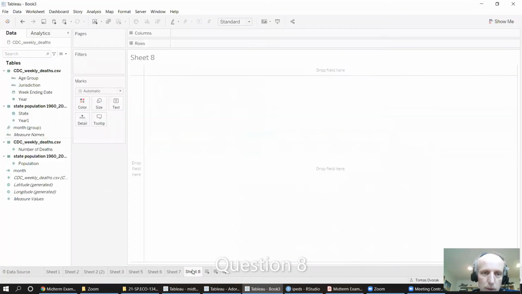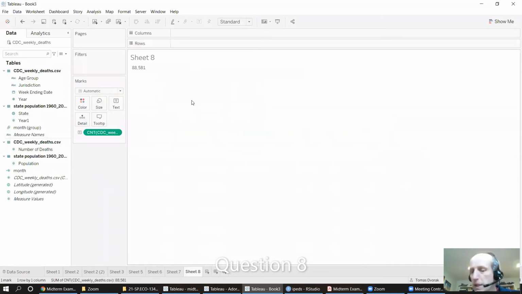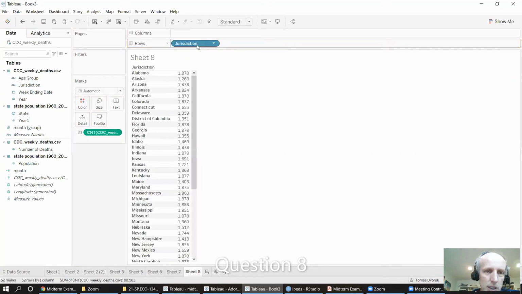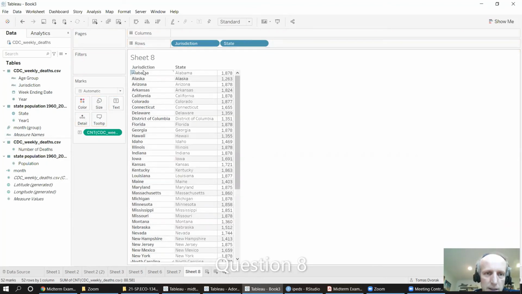Let's see if we lost any observations. We didn't. That's good, because we used the left join, so we shouldn't lose any observations. But let's see if all the jurisdictions that we see in the CDC data also line up with the state data. So we see Alabama, Alaska, they're all there.